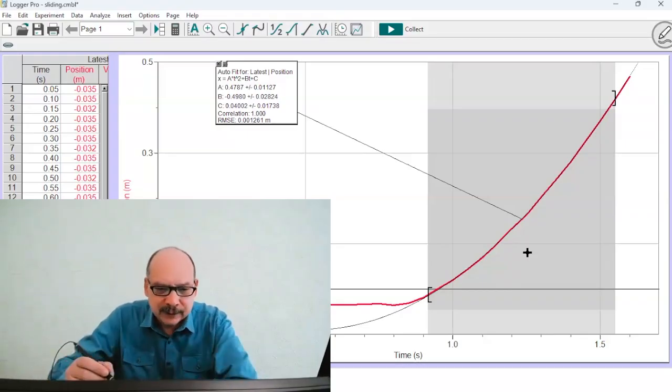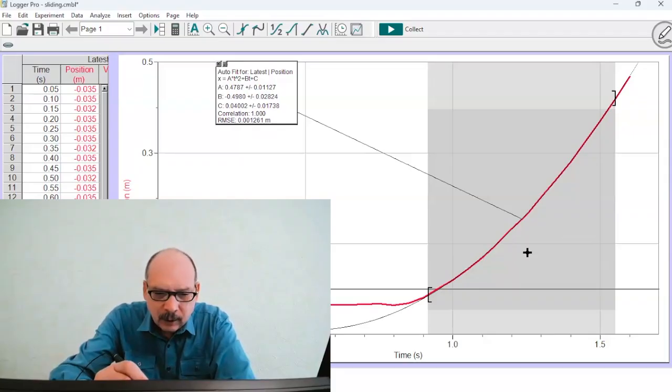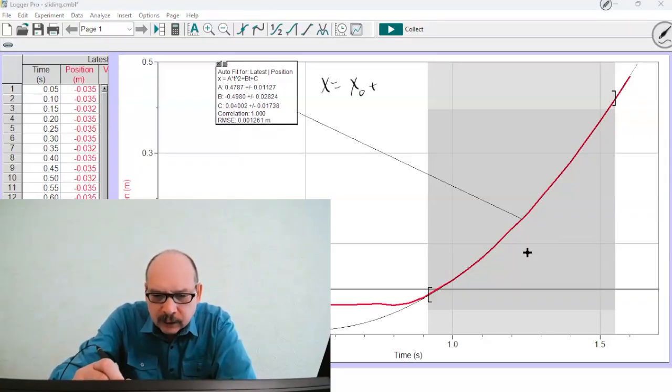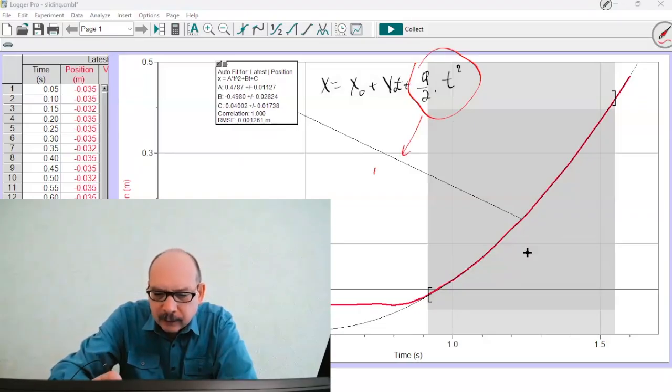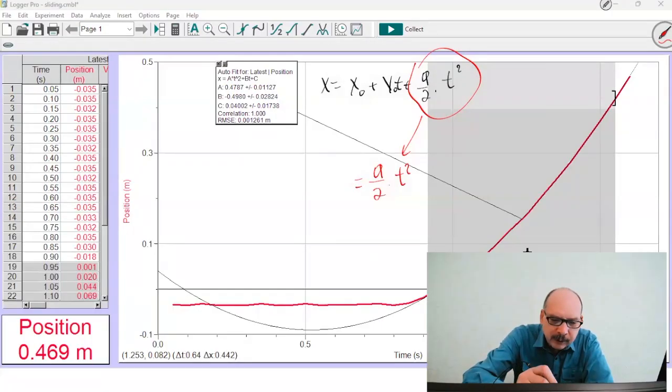Now, what do I get from this? Well, this is the motion equation for motion with constant acceleration. In this equation, if we look at the quadratic term, it should be equal to this term.